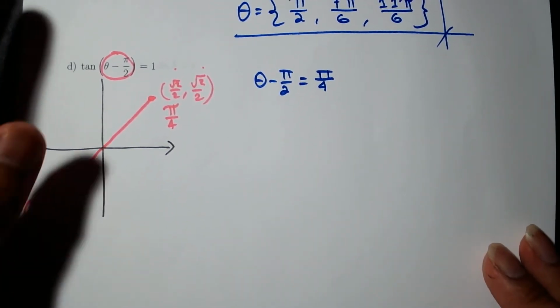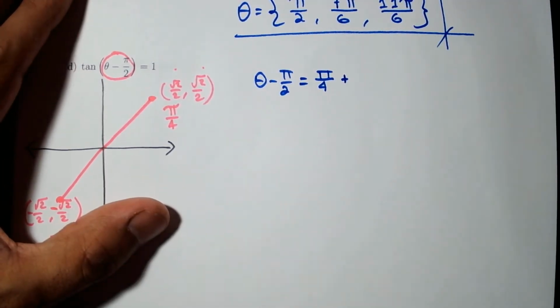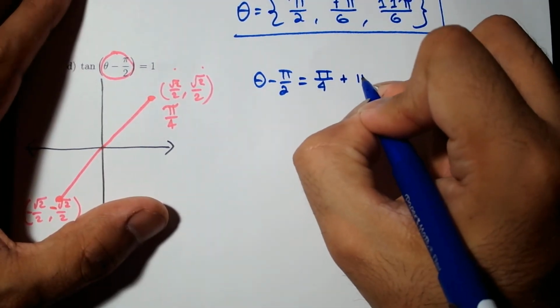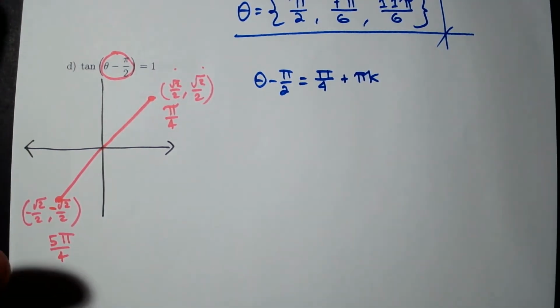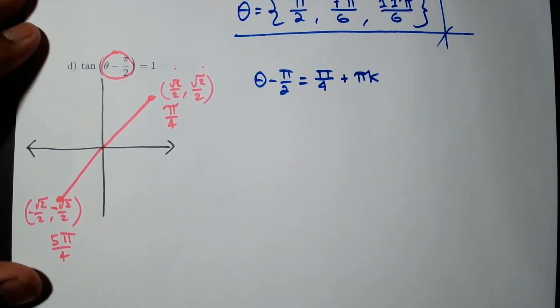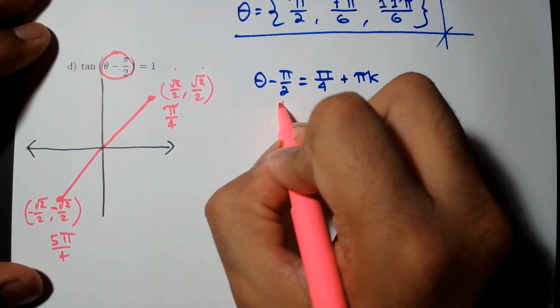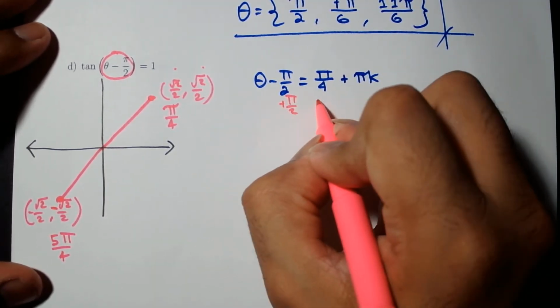You want to be very careful. Tangent is periodic at multiples of pi. So in this case, what are we going to do? Let's add pi over 2.